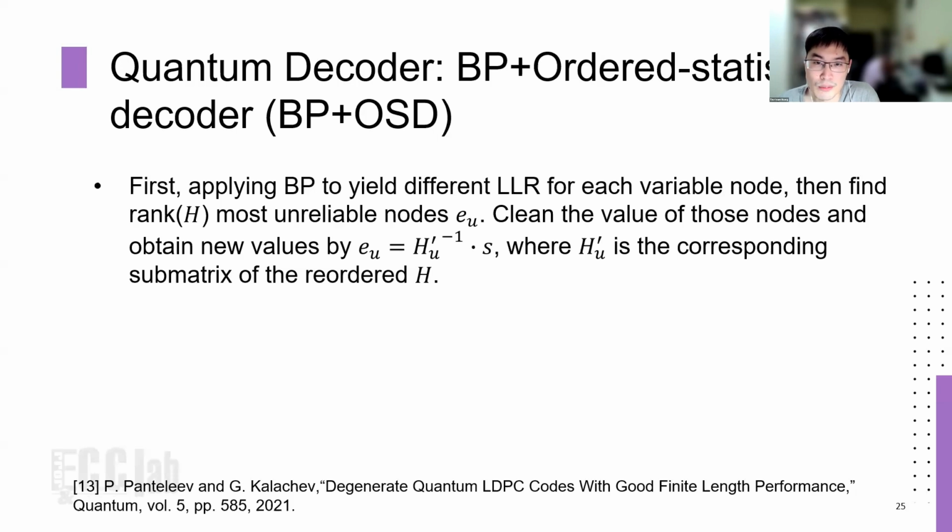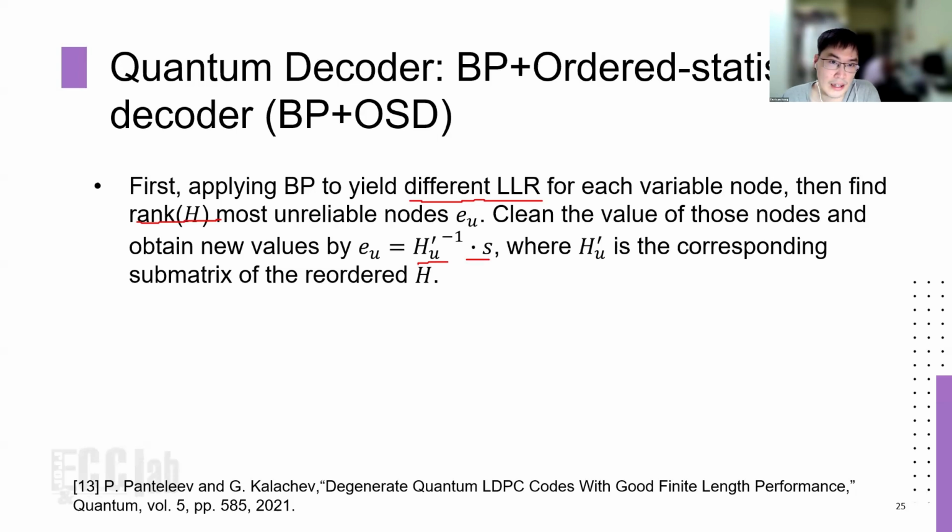After BP, we obtain a different log likelihood ratio for each variable node, and we choose a rank H most unreliable nodes, say U. We omit the value of those unreliable nodes and assign the new value by multiplying the syndrome with the inverse matrix of HU, where HU is the corresponding submatrix of the reordered H.